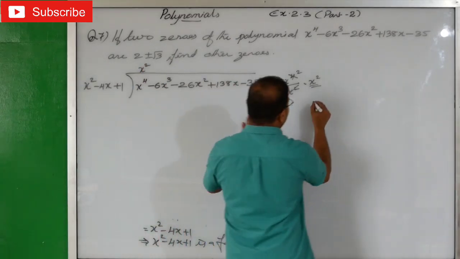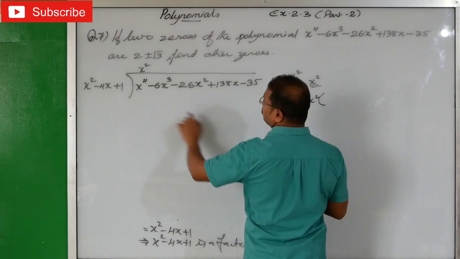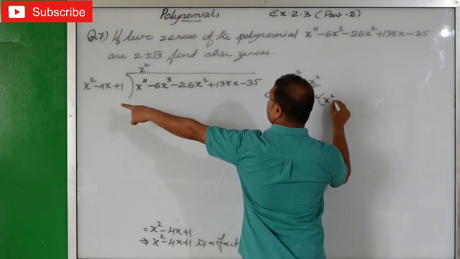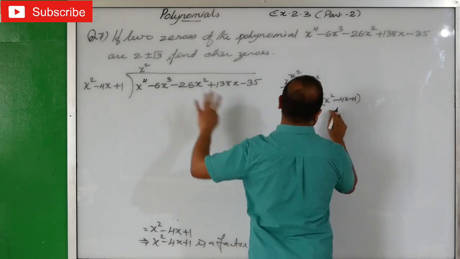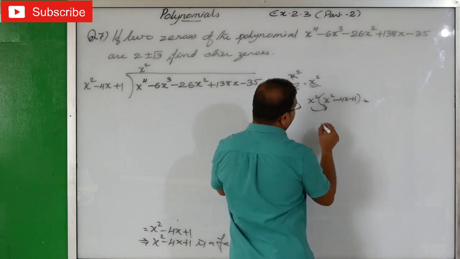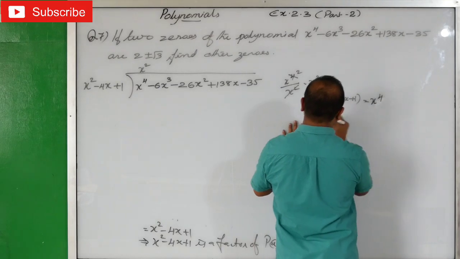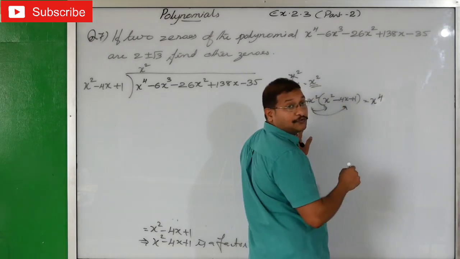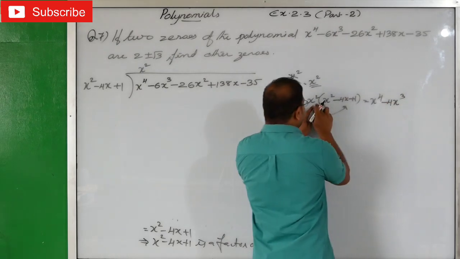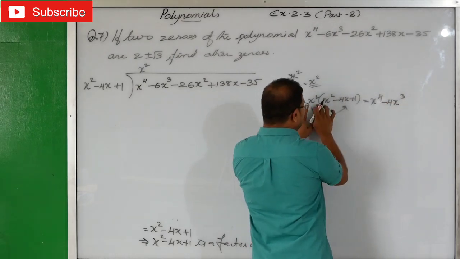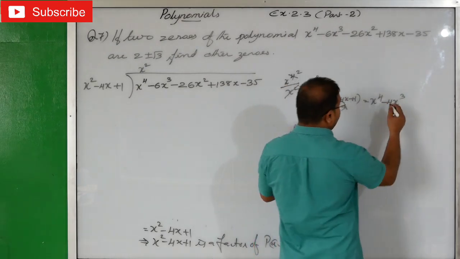After that, what you will do? x square into x square minus 4x plus 1. x square into divisor equals x square into x square, x raised to 4. x square into minus 4x, that means minus 4x cube. Isn't it? Here 3, here 2, here 1, that means 3, x cube.